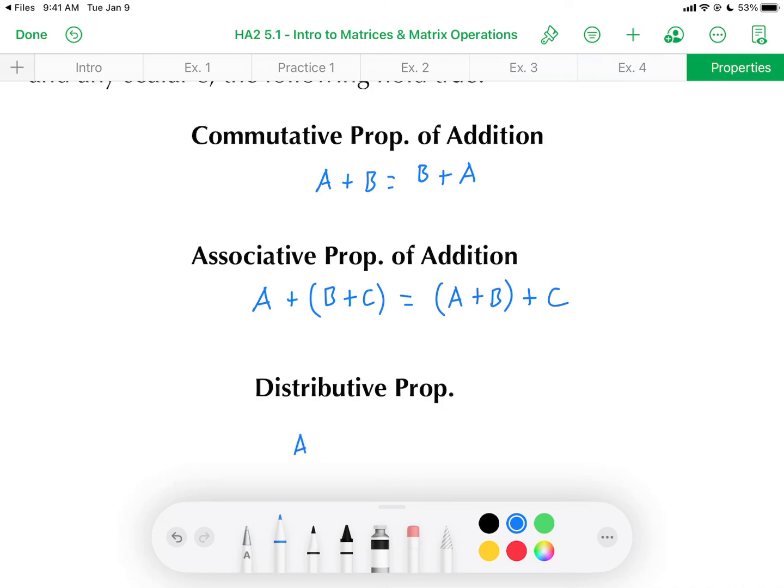If I have matrix A added with matrix B, and I multiply that resulting matrix by a scalar C, that would be no different than scalar C multiplied by matrix A first, added with scalar C multiplied by matrix B. So again, that's just talking about order. On the left side, you're adding first, then multiplying by the scalar. On the right side, you're doing the scalar multiplication first, and then adding.